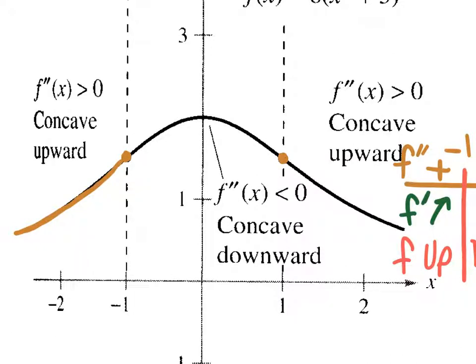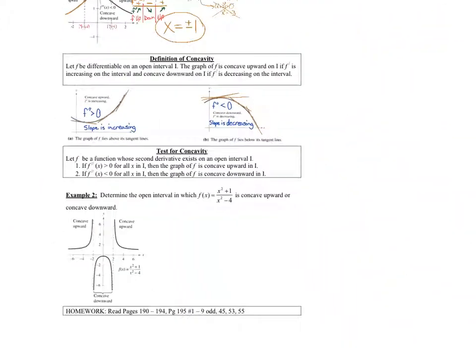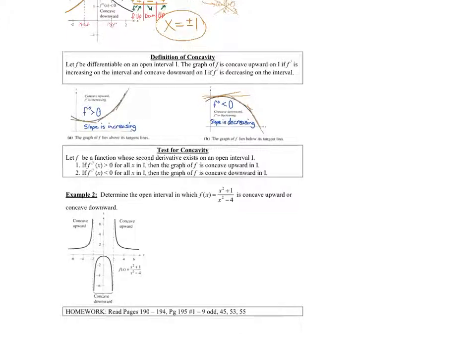That's where the second derivative equaled 0. F double prime of -1 equaled 0. F double prime of 1 equaled 0. So you had a change from concave up to concave down, just like with the first derivative, we had a change from increasing to decreasing.